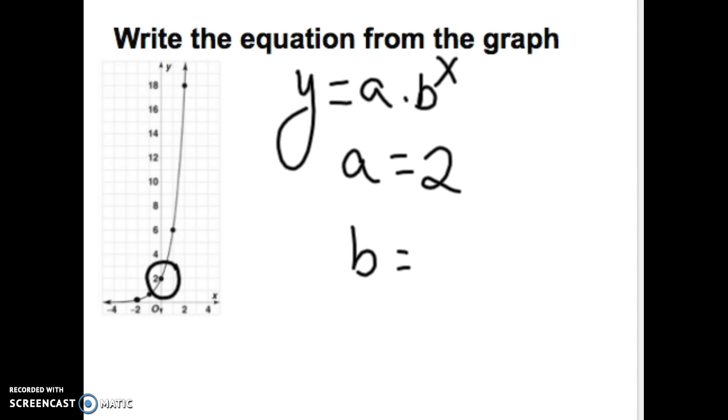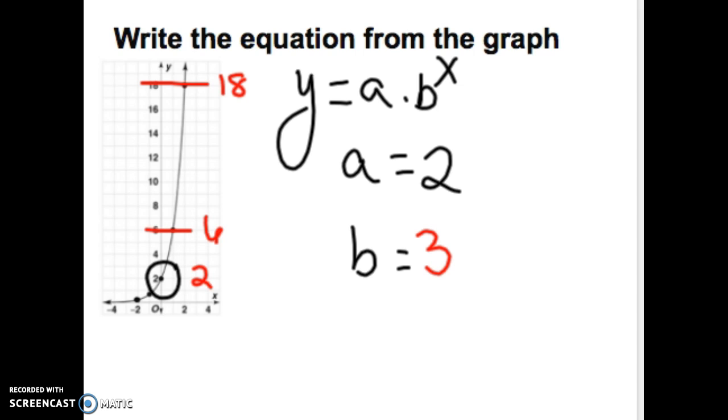For the b value, we're looking at exactly how quickly this is increasing. So, take a look at our points. We're going from 2 to 6 to 18. What are we multiplying each time? To get from 2 to 6, 6 to 18, we're multiplying by 3.